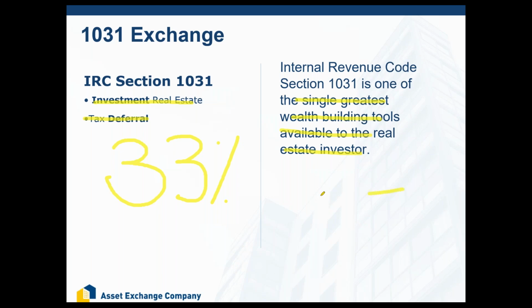But on average, my clients have about a 33% tax rate to pay. Now, in California, for a lot of my clients, that can be $200,000, $300,000, $400,000 in taxes. I routinely see investors who are facing six-figure tax liabilities if they decide not to exchange.